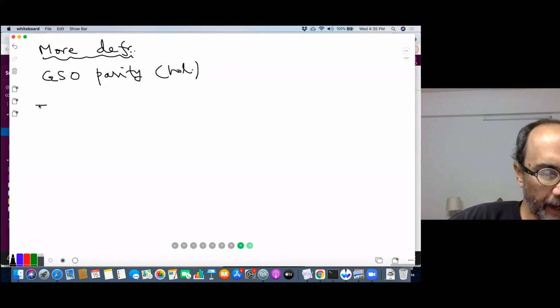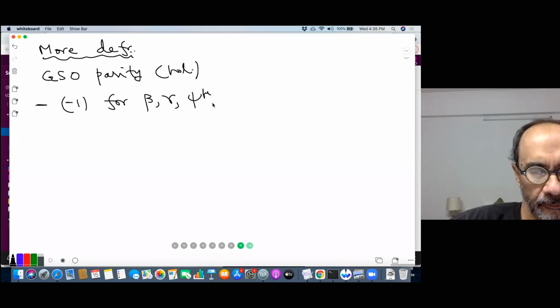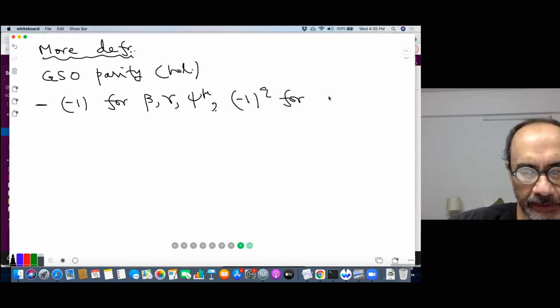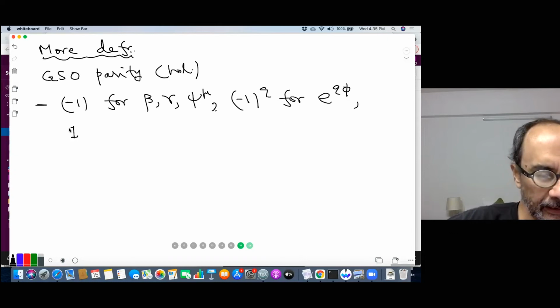We define the GSO parity to be -1 for beta, gamma, psi mu, and -1 to the q for e to the q phi. This is a Z2 quantum number, so it's either -1 or 1. It's 1 for the rest.